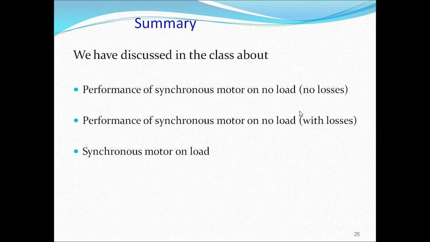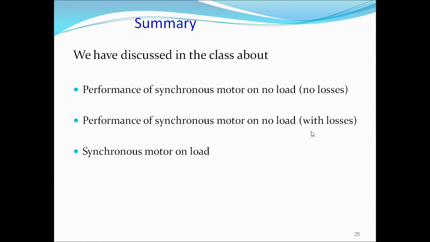The torque produced at the time of starting is called starting torque. The torque produced during running condition is called running torque or load torque. The torque produced when the rotor poles are pulled into synchronism is called pull-in torque.